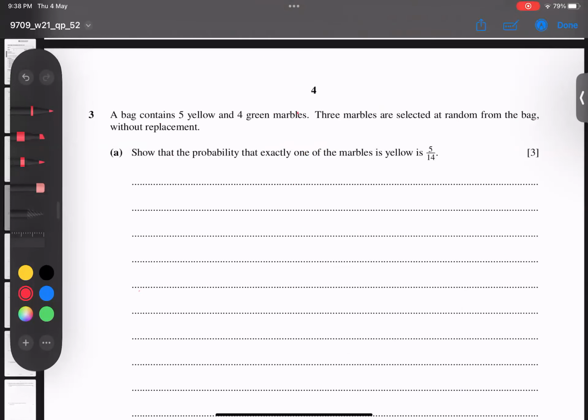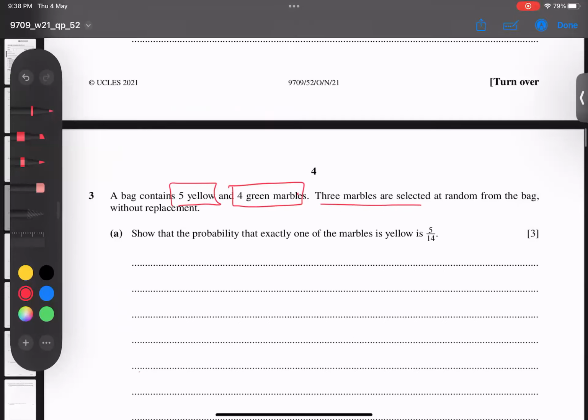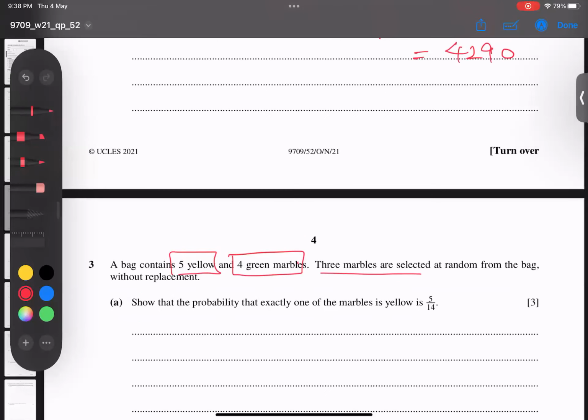A bag contains 5 red, 4 yellow, 5 yellow, 4 green marbles. 3 marbles are selected. Here students are getting issues; they don't know whether this question is a binomial probability or not. Let me tell you one thing, students. Binomial probability is nCr q to the power n minus r, p to the power r.